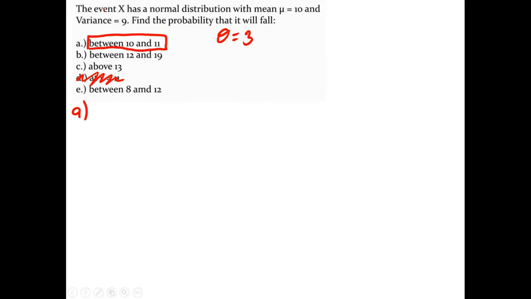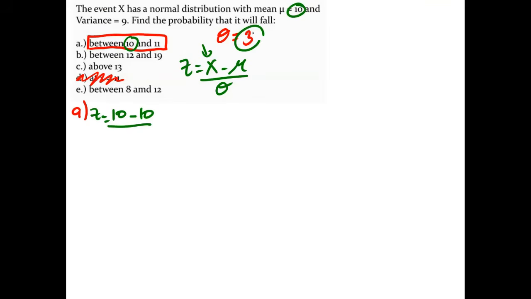So you need to solve for their Z score. Ano ulit ang formula natin for Z score? So we have Z is equal to X minus the mean over the standard deviation. So X now is 10 minus the mean, which is 10 over standard deviation, which is 3.